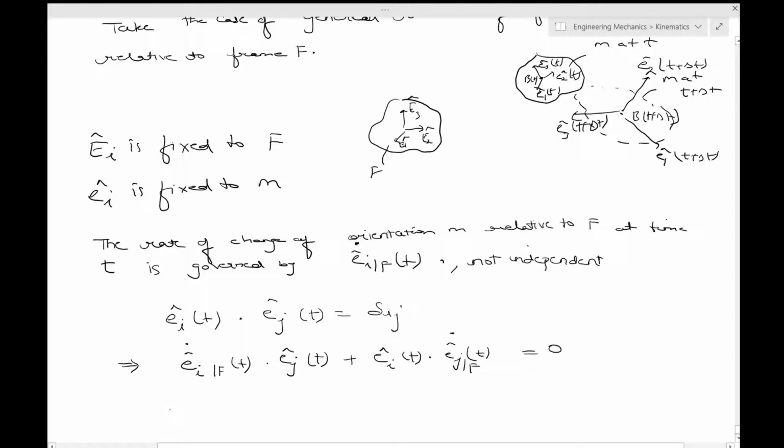So this would imply that the derivative of ei dot ej is equal to minus ei dot the derivative of ej. Now how many relationships are actually over here?